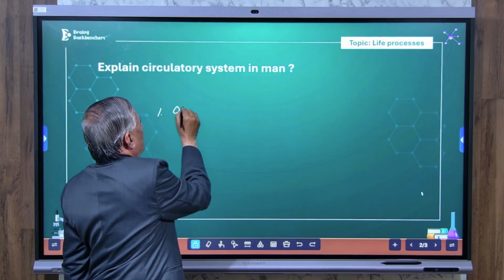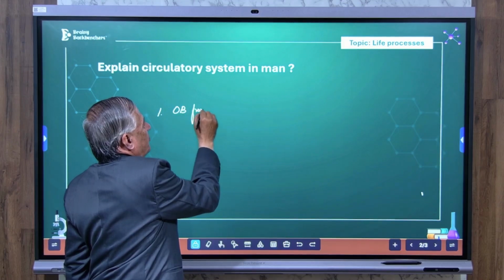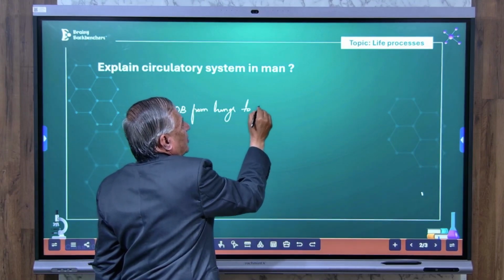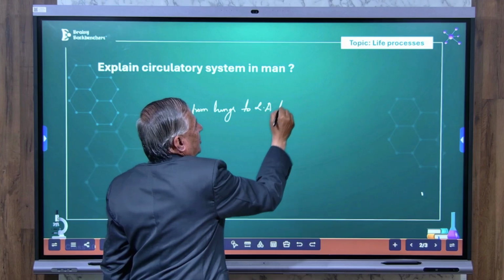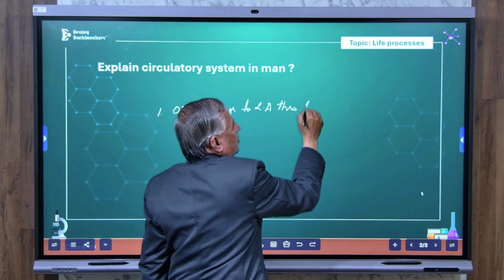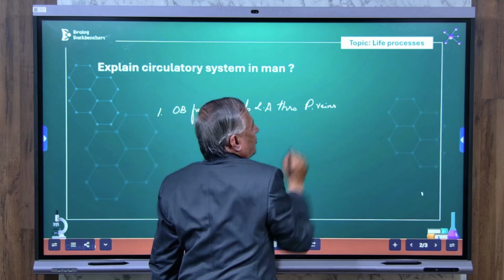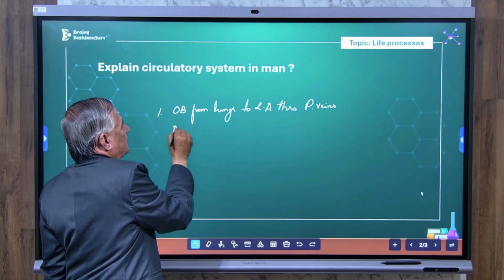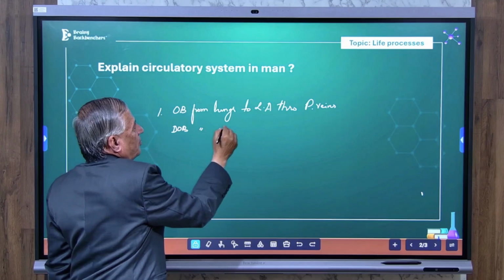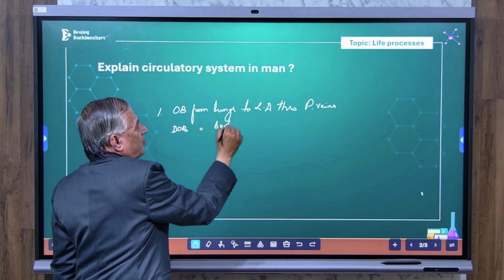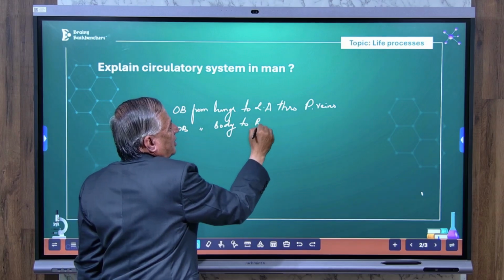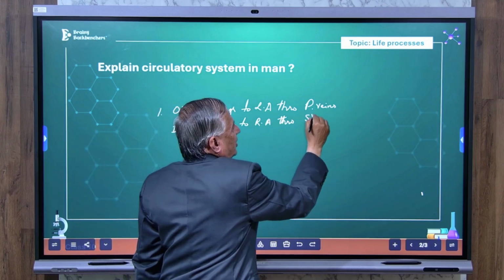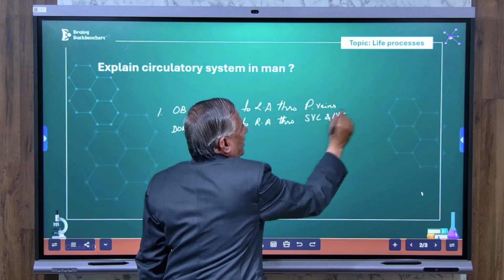I will write in short form: oxygenated blood from lungs to left atrium through pulmonary veins. First line. Second line, at the same time, deoxygenated blood from body, not lungs, to right atrium through superior vena cava and inferior vena cava.